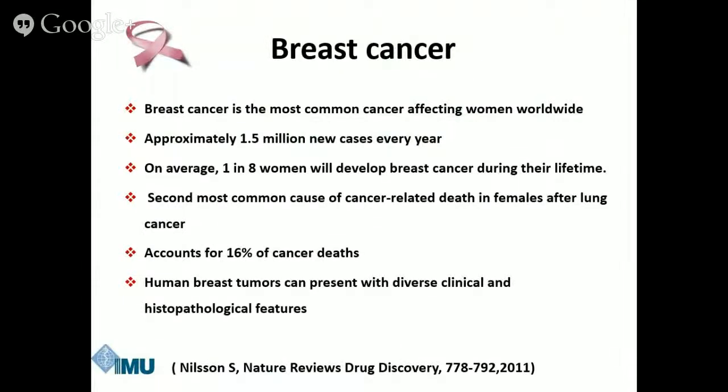So tocotrienol has been tried in several studies by different groups. Also, there is a group here in IMU for treating breast cancer. Why for treating breast cancer? They have found that in many cell lines of breast cancer, these tocotrienol derivatives can kill the cells or regulate their genes. So to start from the beginning, I will start with breast cancer.